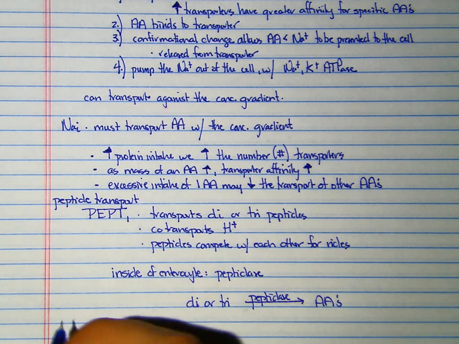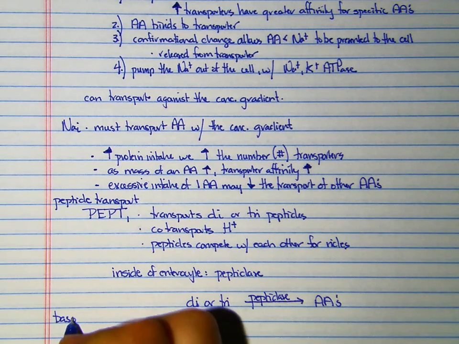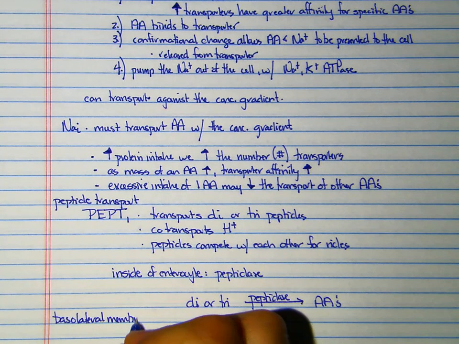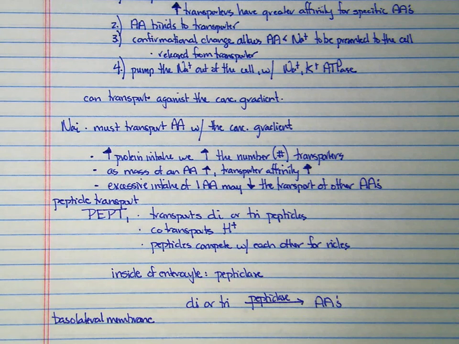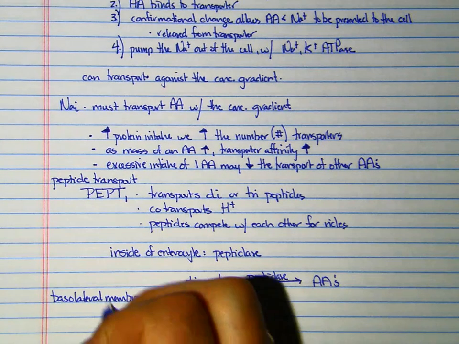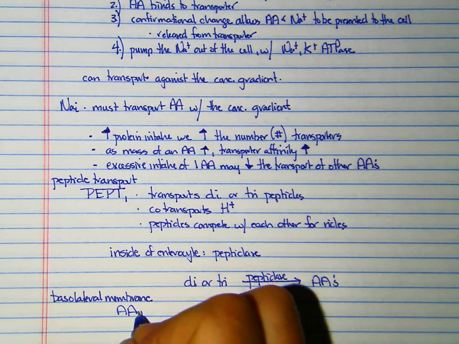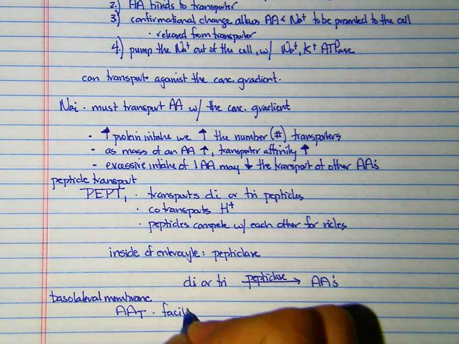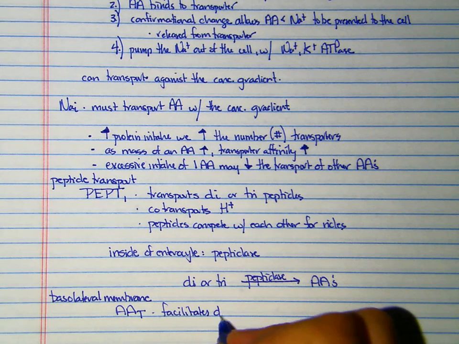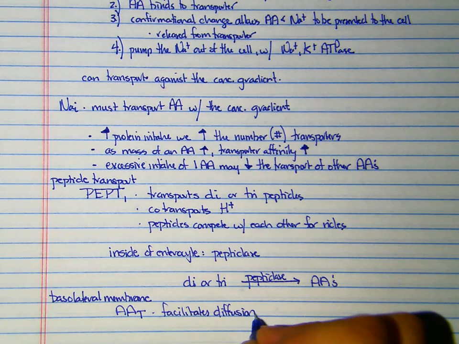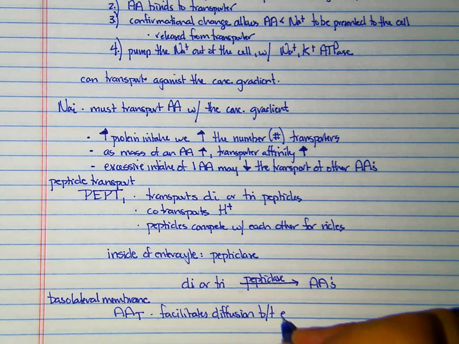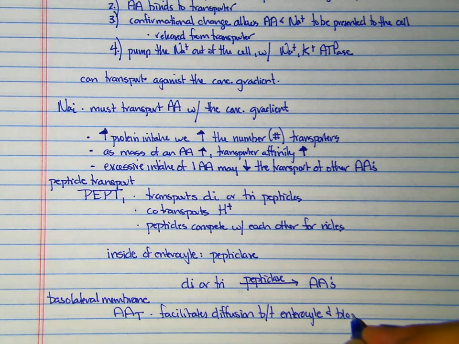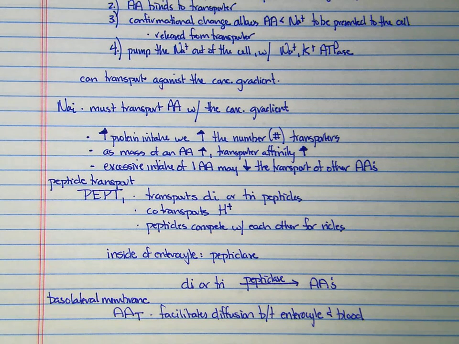On the basolateral membrane, so going into the blood, there's an amino acid transporter, AAT, and it facilitates diffusion between the enterocyte and blood. Okay.